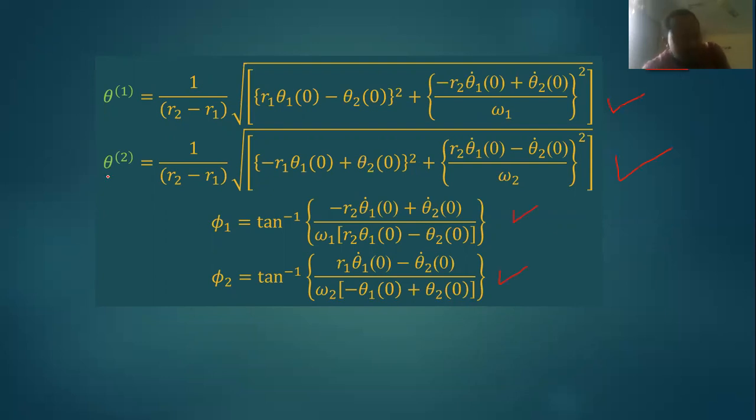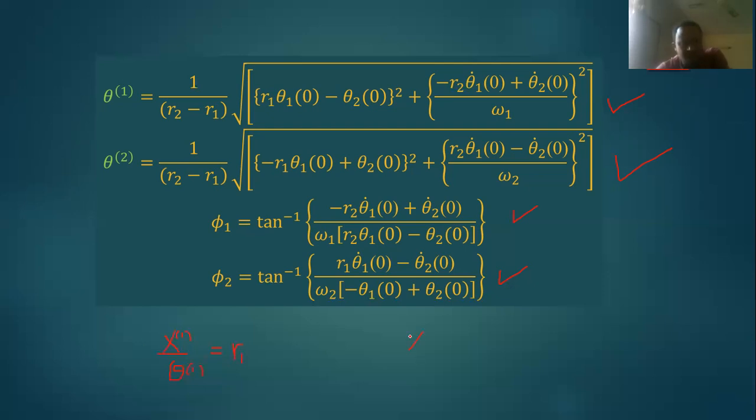Once we know theta 1 and theta 2, then x1 and x2 can easily be obtained using this relation, meaning x1 over theta 1 is equal to r1. So from that, we can immediately get x1.